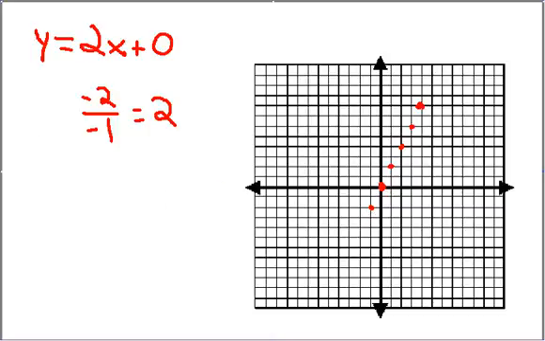So I'm going to go ahead and connect those points. There's the graph of the line y equals 2x. And remember, this plus 0 did not change the value of anything.